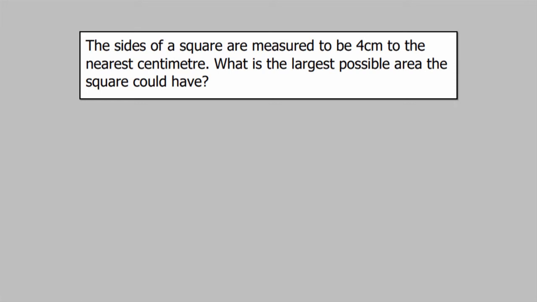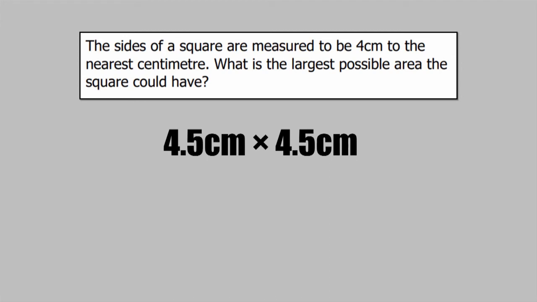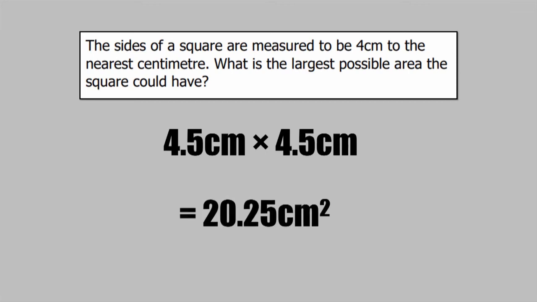So if the edge was measured as 4 centimetres, the actual value could have possibly been as large as 4.5 centimetres. So we'll multiply 4.5 by 4.5. And that should give us the largest possible area that the square could have, which is 20.25 square centimetres.